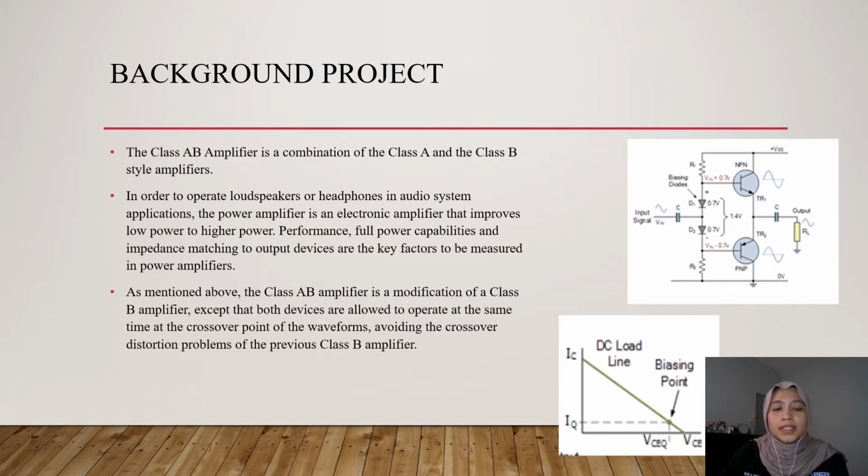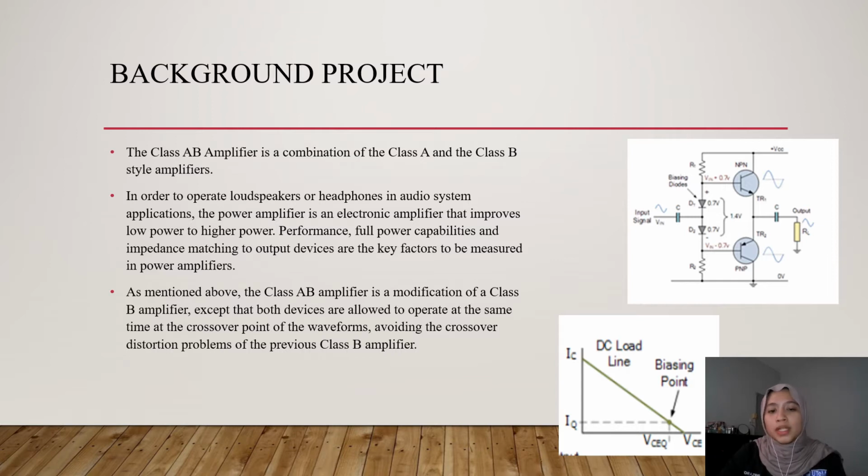So my part is going to explain about the background of the project. Basically our project is about the class AB amplifier in PA system application. This class AB amplifier is a combination of class A and class B amplifier, used to operate the loudspeaker or headphones in an audio system.